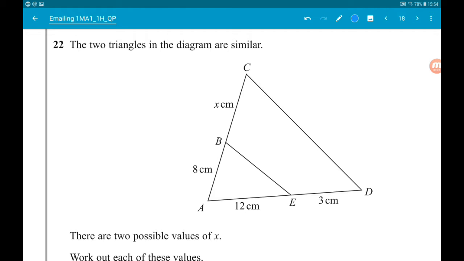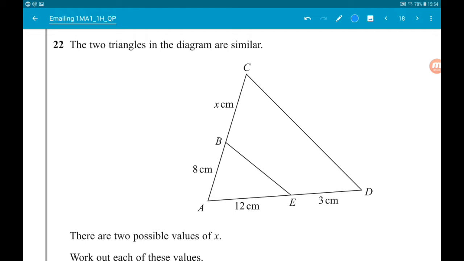We are told there are two possible values of x, which might seem a bit strange.